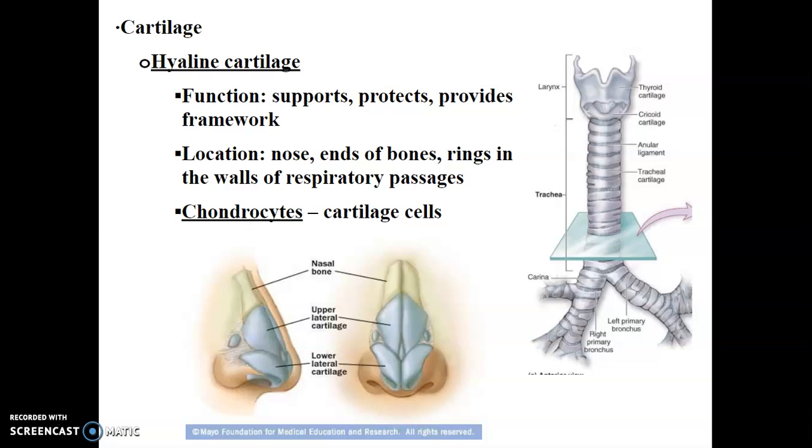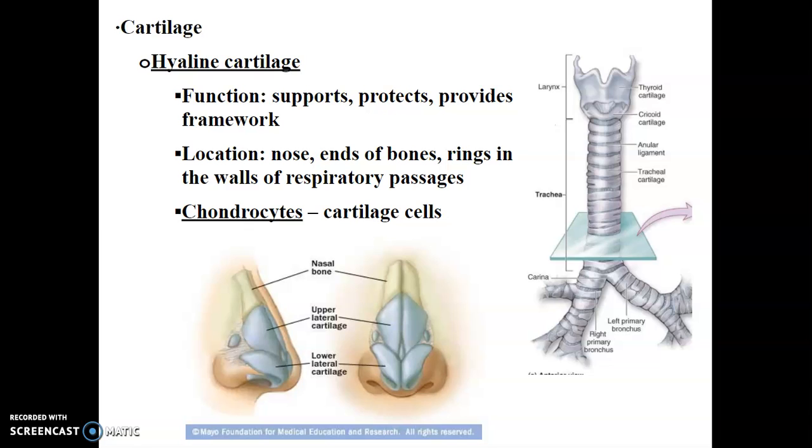Hyaline. You might have heard of hyaline glass before, maybe if you like antiques or around your grandparents or parents, and they talk about it. Hyaline glass is very sought after because it's kind of see-through. It's translucent. It's clear, but you can't really see through. It's almost foggy. And that's a great name for hyaline cartilage because it looks the same way. It's kind of see-through, but kind of not.